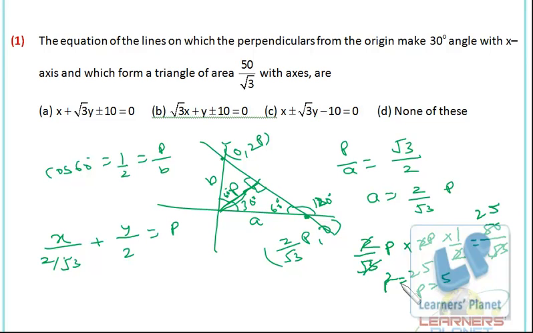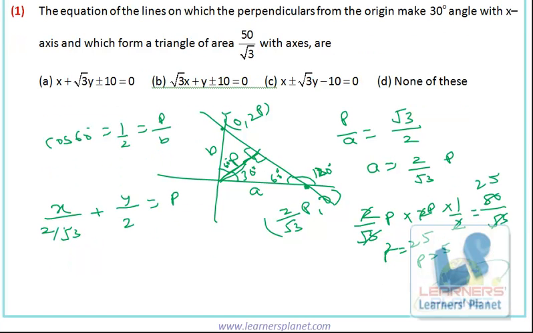We cannot take p as negative 5 because p is nothing but the length of this perpendicular. Okay. But apart from that, we can get one more line on this side having the perpendicular length p the same as 5. So we can choose two values for this p, that is 5 and minus 5, right?